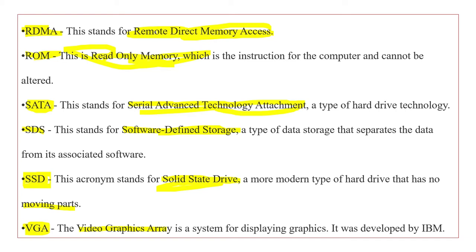Similar small holes in the CPU where you get pins inside, small pins and small holes. Those holes are called VGA ports, and the cable is called VGA cable. So the full form of VGA is Video Graphics Array.